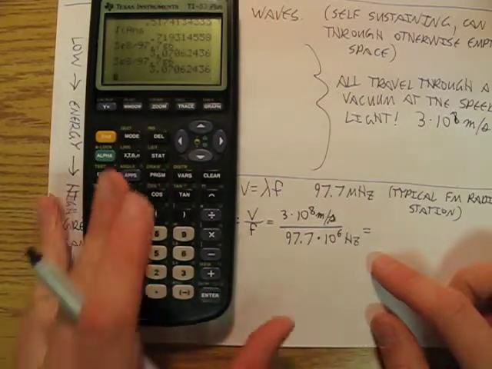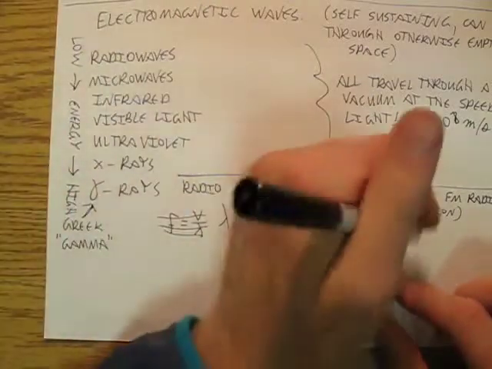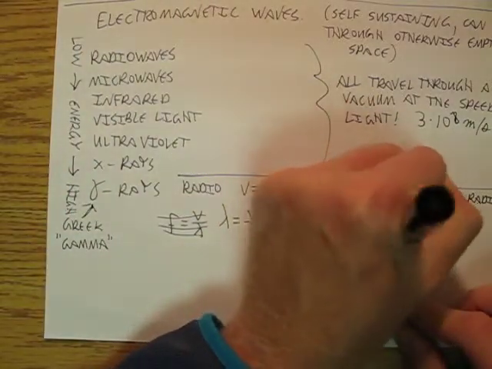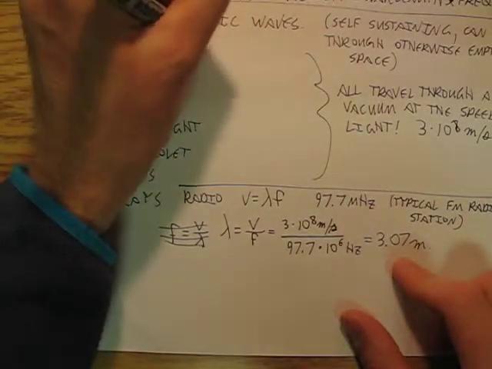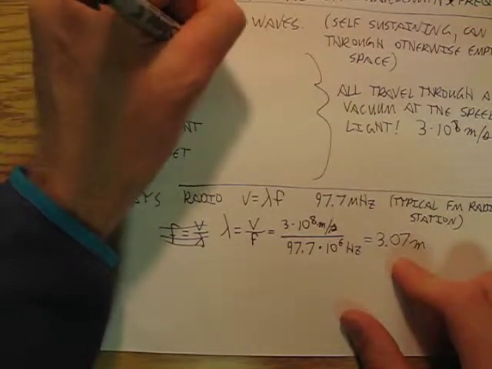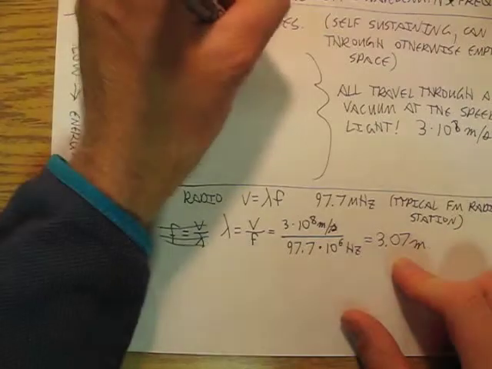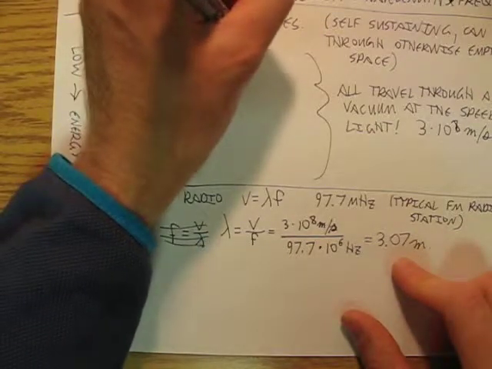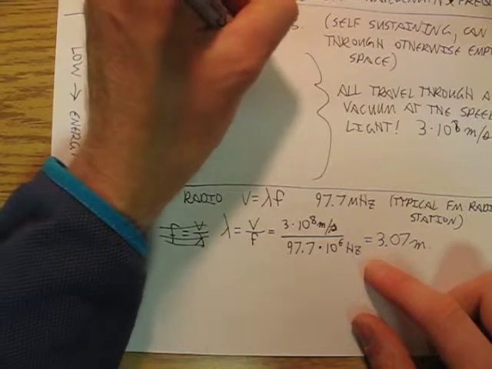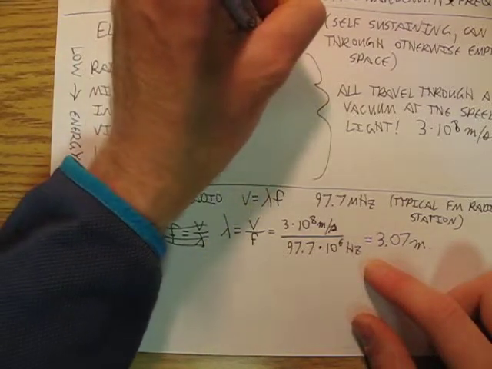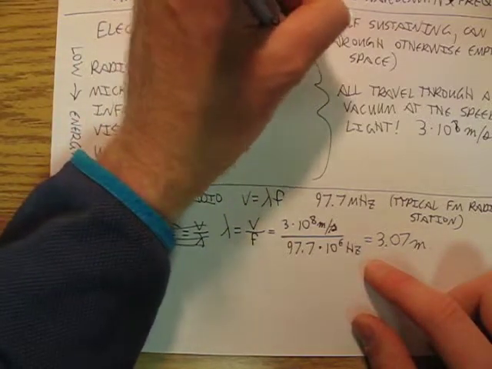I'm going to get 3.07 meters. So my radio waves have a lambda of about 3.07 meters, and they have a frequency of about 97.7 times 10 to the 6 hertz.